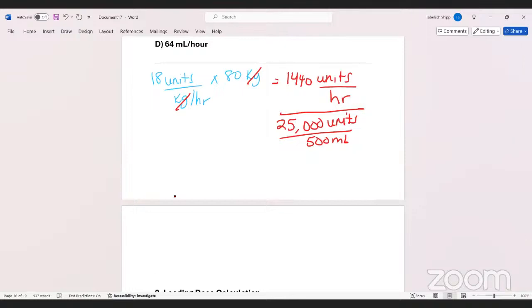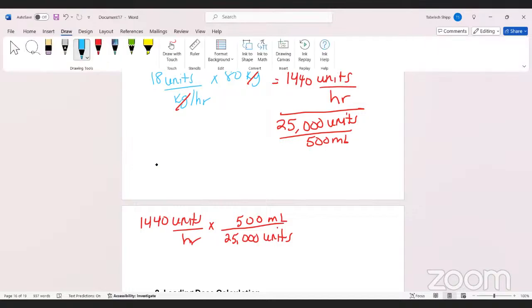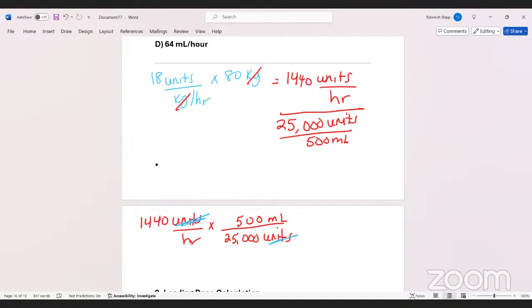You're welcome, Quinn. Okay, so if you take that 1,440 units per hour, what you would need to do is you're going to have to put that 25,000 units right here on the bottom so you can cancel those like terms, and 500 milliliters is going to go on the top. Okay? And what you're going to do now, you're going to cross out units because you don't need those anymore.